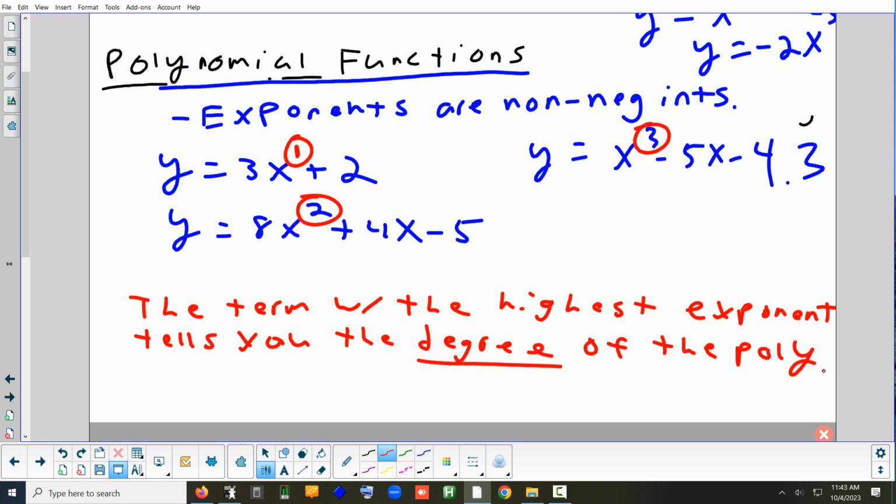So in the first problem, just number this like number 1, the highest exponent is a 1, so the degree would be a 1. In question number 2, the highest exponent is a 3, so we'd say that's a degree 3. In the third problem, the highest exponent is a 2, so that one is a degree 2.